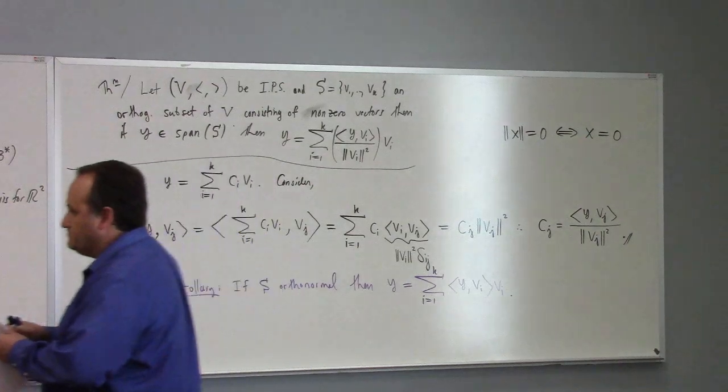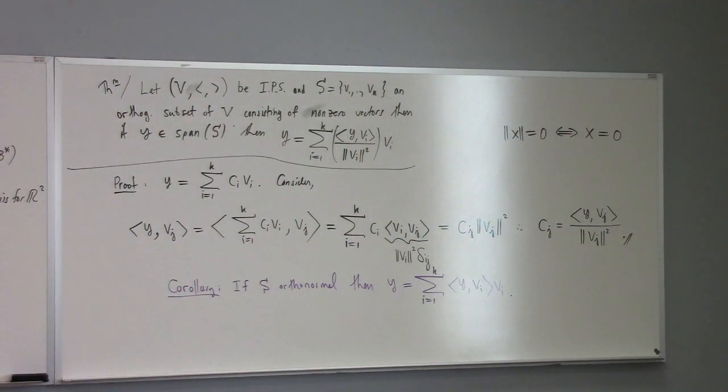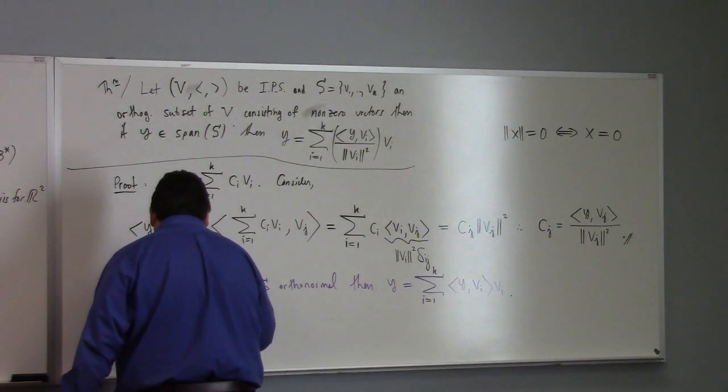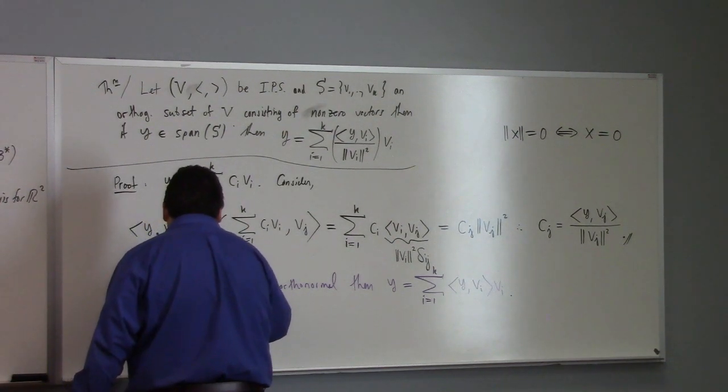Okay, moving on. So corollary 2: a non-zero orthogonal set of vectors is linearly independent. Can you see why that's true? So this is corollary 1.